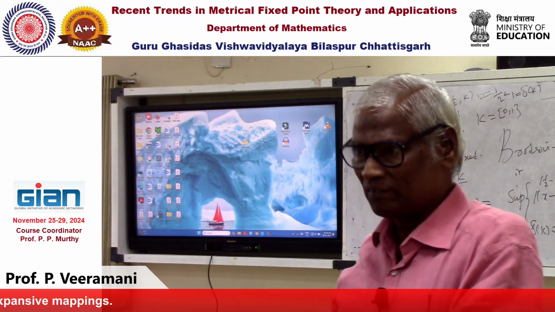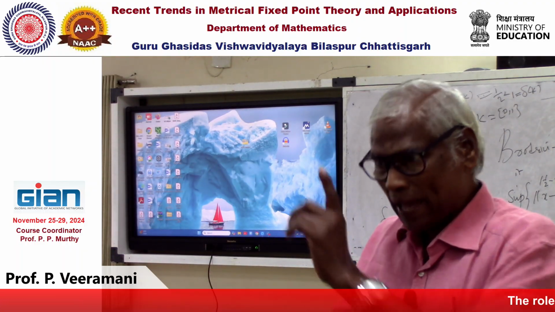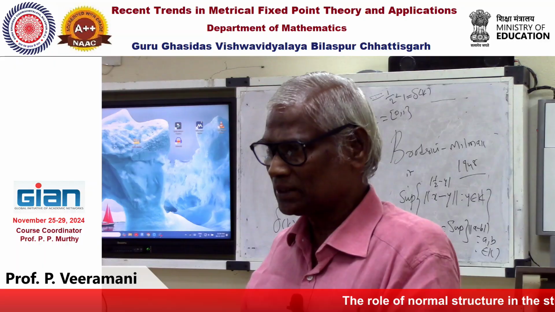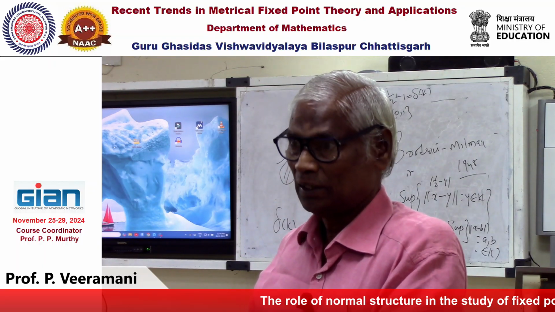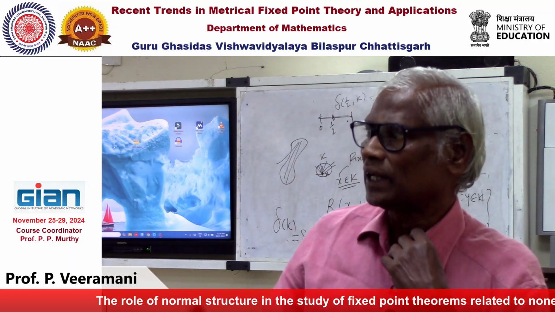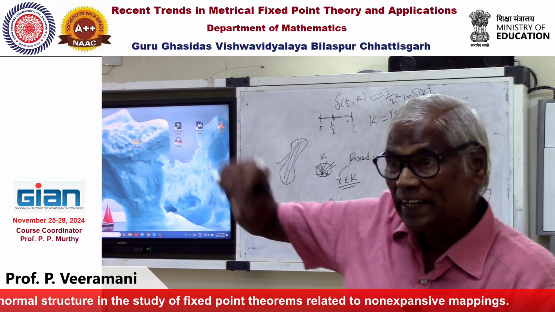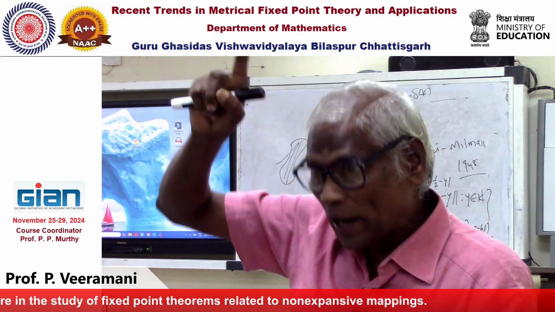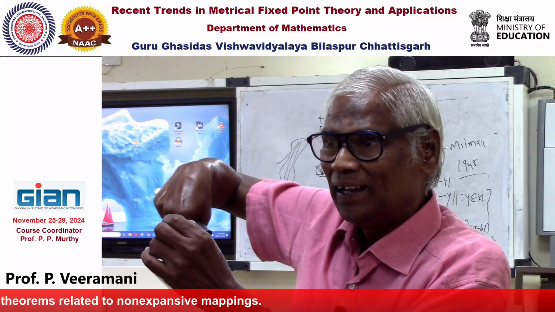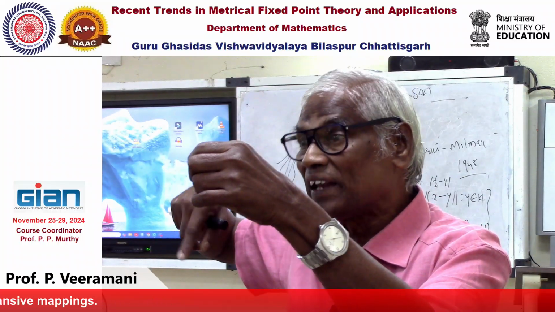K compact convex, script F a collection of maps from K to K such that norm of Tx minus Ty equals norm of x minus y. Every map there is an isometry. We have a family of maps, and we want to see whether we can find one x in K which is preserved by every element, that means there exists x in K such that Tx equals x for every T.